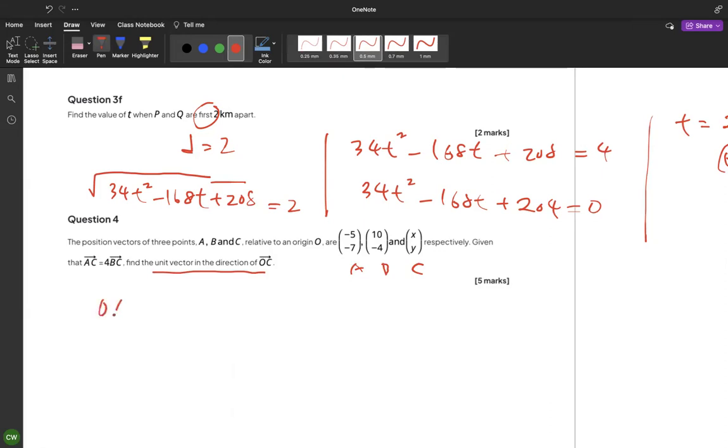Can OC be OA plus AC? Can, right? Middle one same. It can also be OA plus 4BC because it's the same line, 4BC.